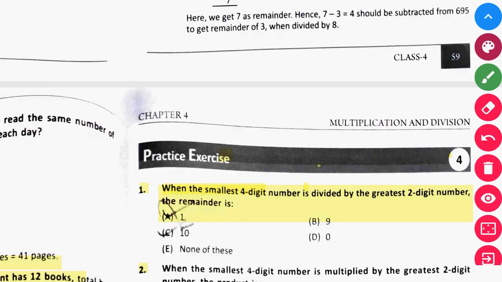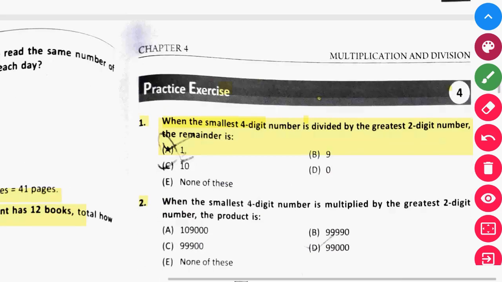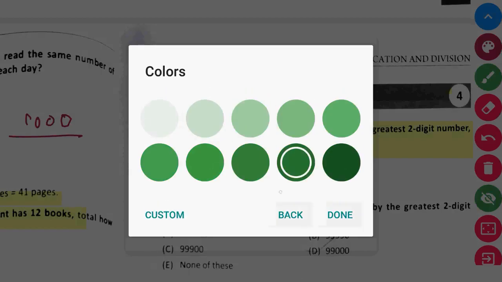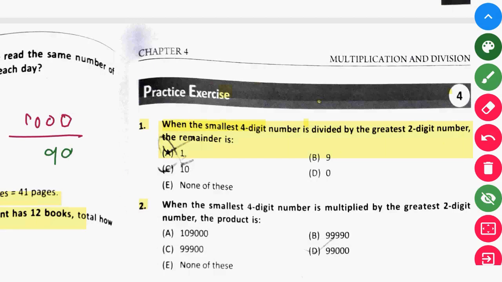Okay. Now the next one. When the smallest 4-digit number is multiplied by the greatest 2-digit number, the product is, you all know the smallest 4-digit number, which is 1000. And the greatest 2-digit number is 99. So multiply.